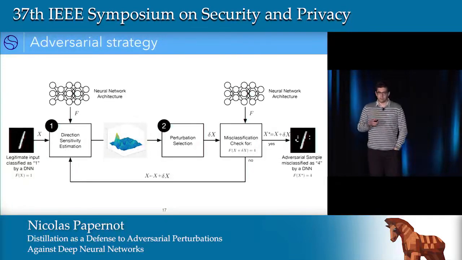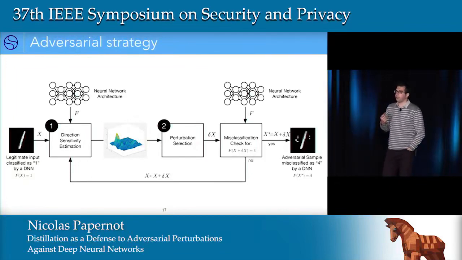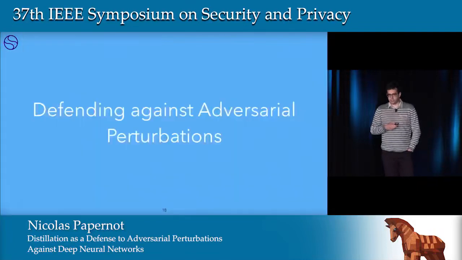And then you combine these values into adversarial saliency maps, which will indicate for each input feature how likely it is to contribute to your misclassification goal. And you do this iteratively, perturbing the highest saliency features until you are able to force the model to misclassify the sample in a class that you chose.